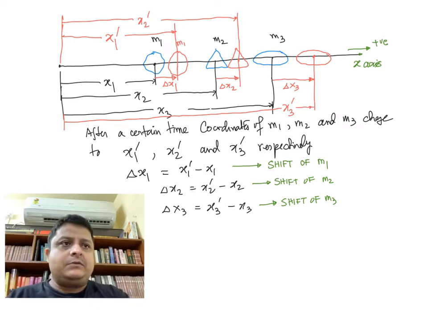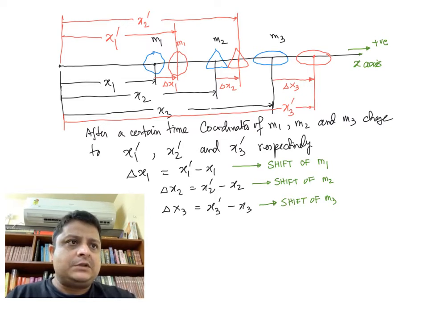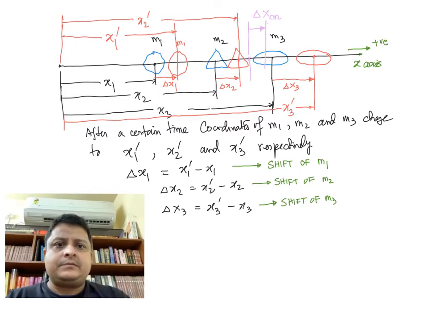x-axis. Now suppose the center of mass of the system was somewhere there; the center of mass also shifts in this way. So this is delta xcm. What is delta xcm?